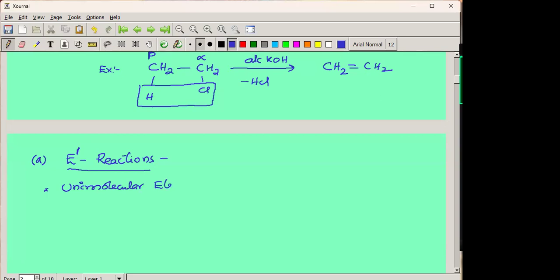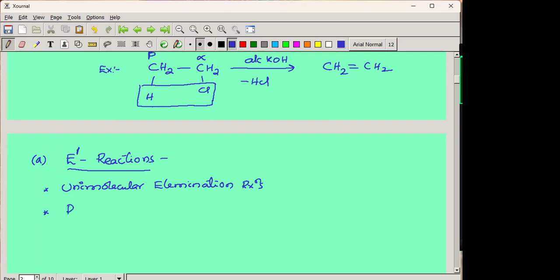The points which were discussed in SN1 reaction, the same points will appear here. So the E1 elimination reactions are considered as unimolecular elimination reactions like SN1 reaction, unimolecular substitution reactions.